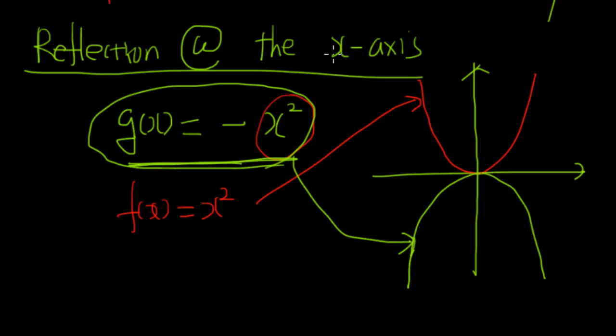As you can see, it's a reflection about the x-axis, right? So when you are taking minus of the entire function, then it's going to reflect about the x-axis. Okay.